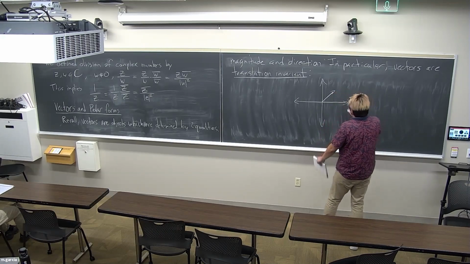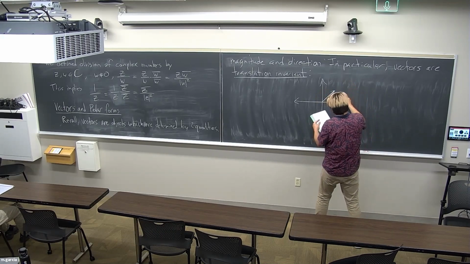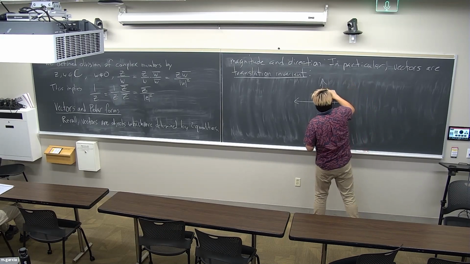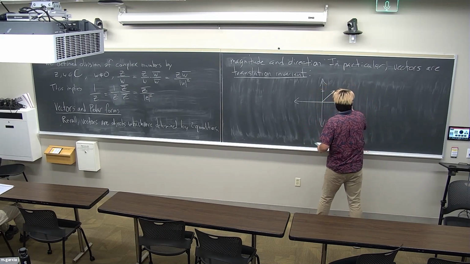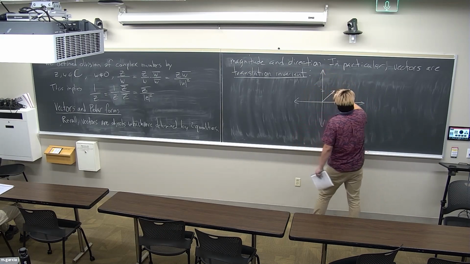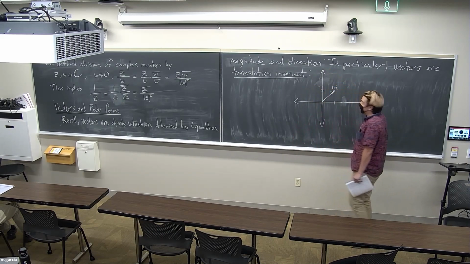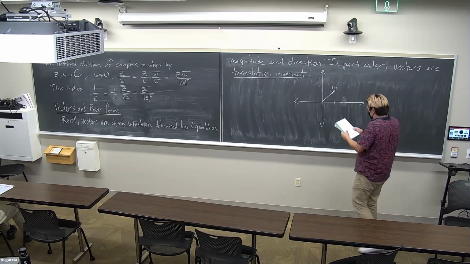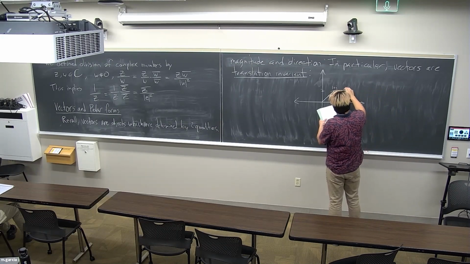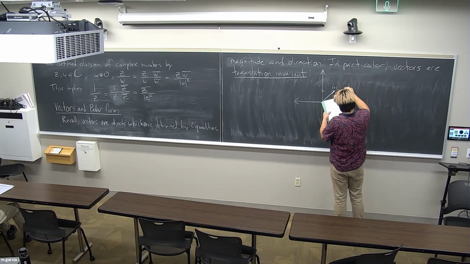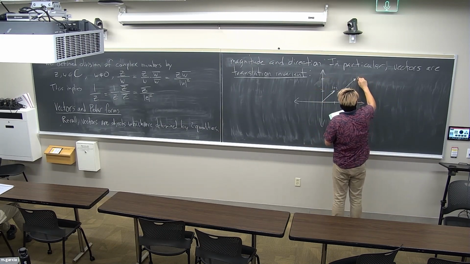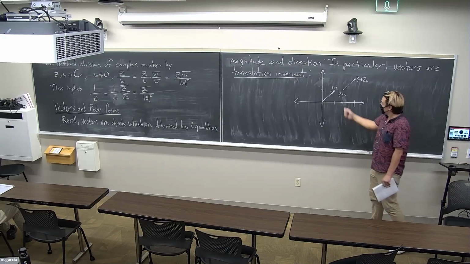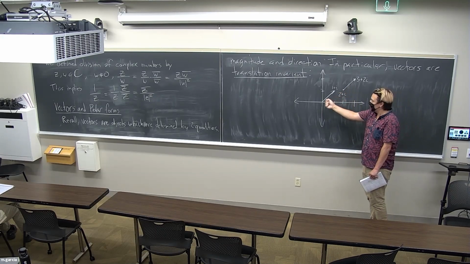Namely, we'll specify this by the point 1 plus I. What I mean by vectors being translation invariant is that if I look at the vector which starts at the point 2 plus I and goes up to the point 3 plus 2I, these are the same vector, just translated.